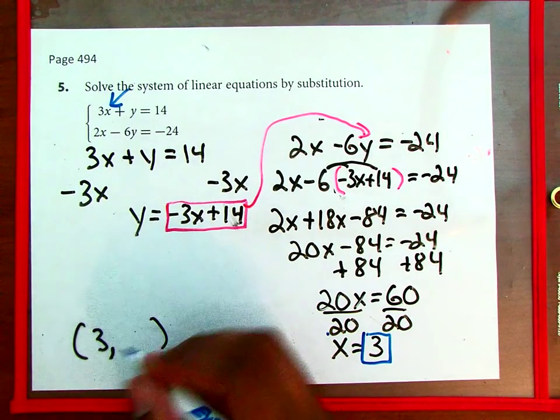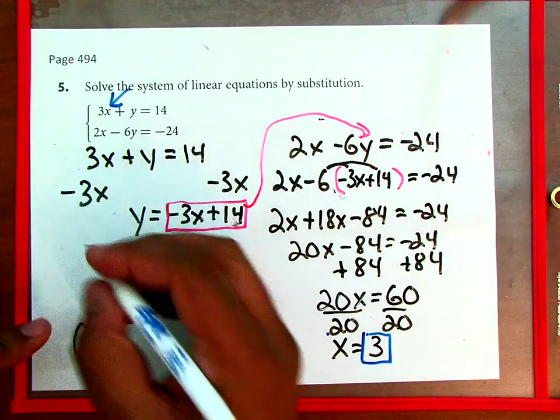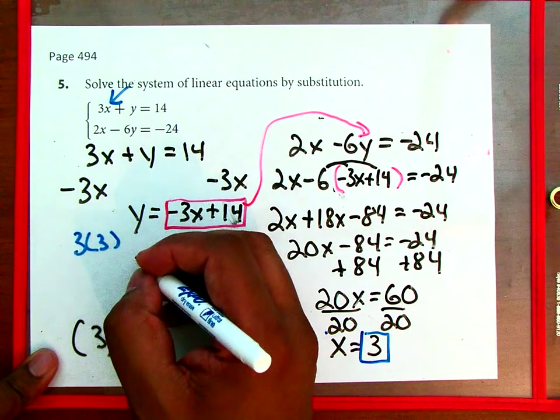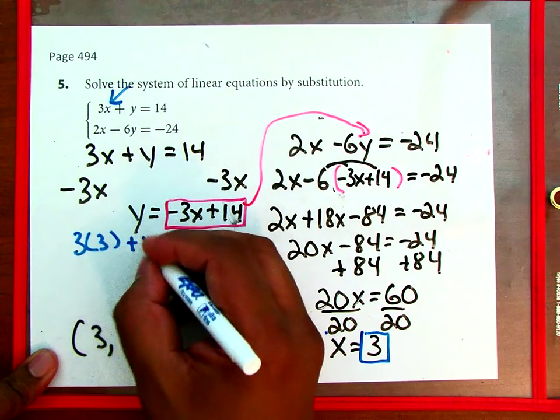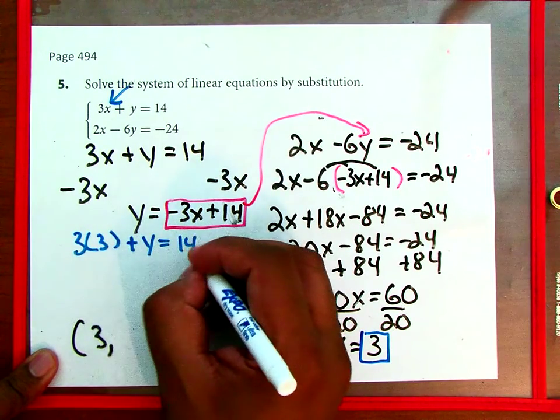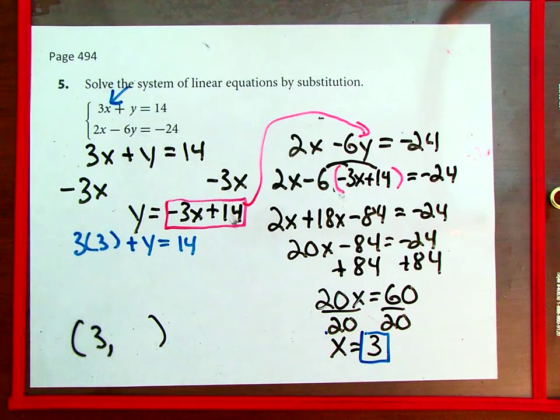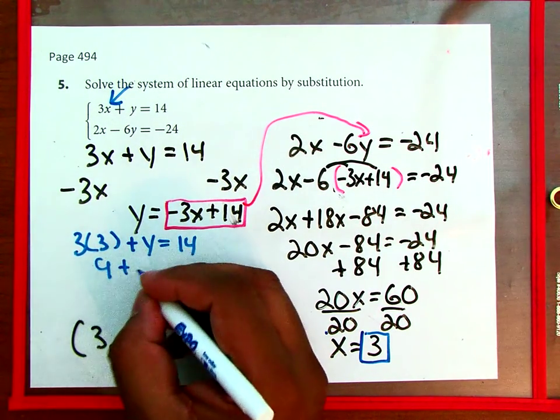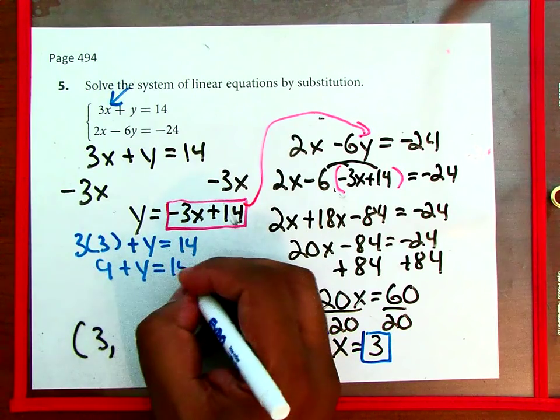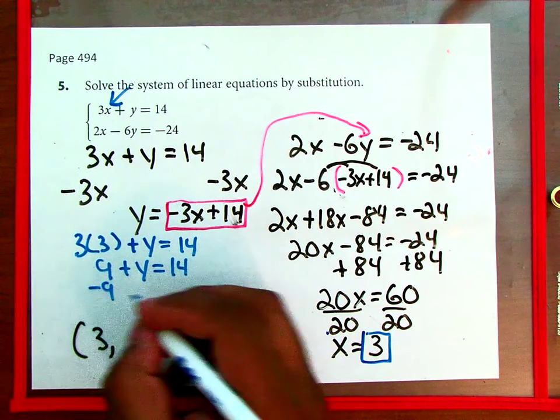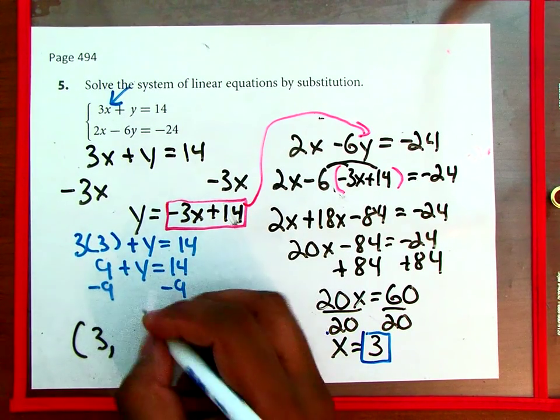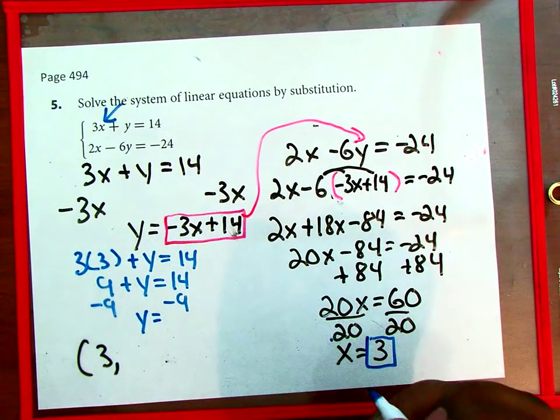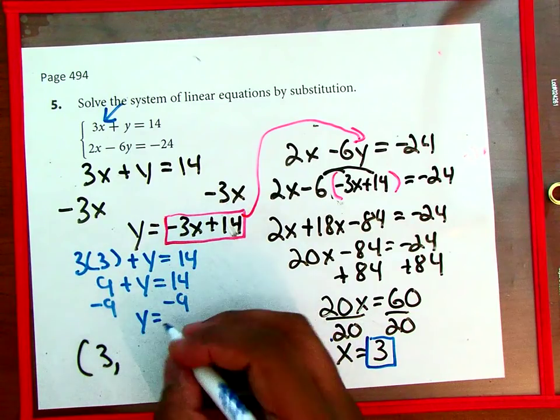So now I'm going to have 3 times 3 plus y is equal to 14. Then 3 times 3 is 9, and I subtract 9 on both sides. And y is equal to 5.